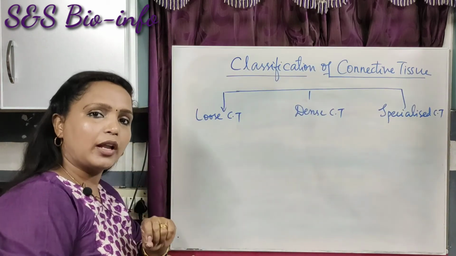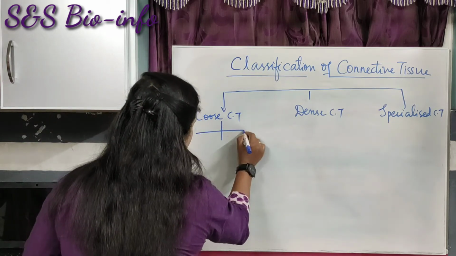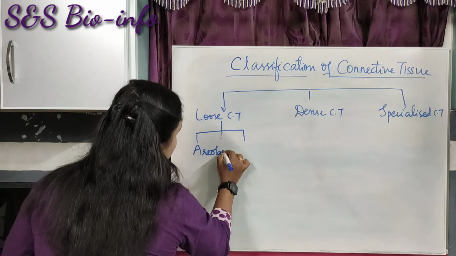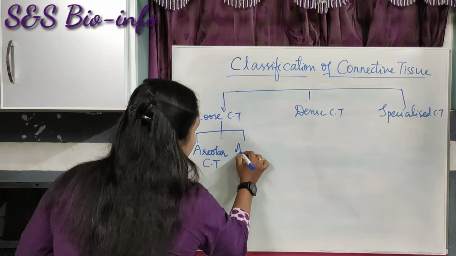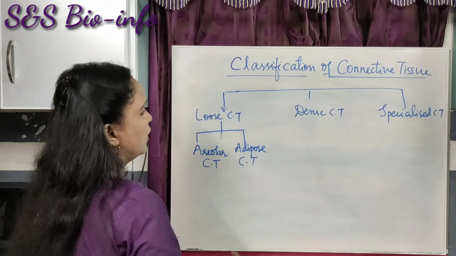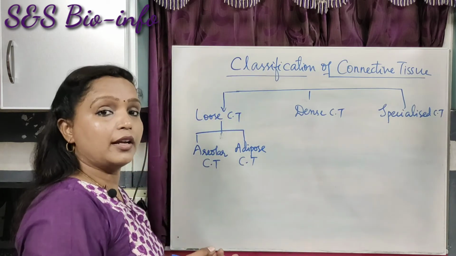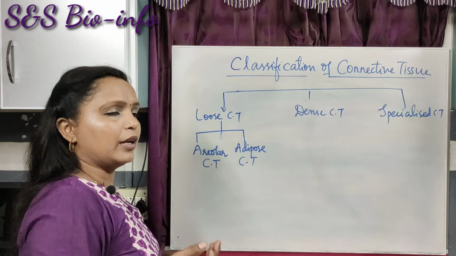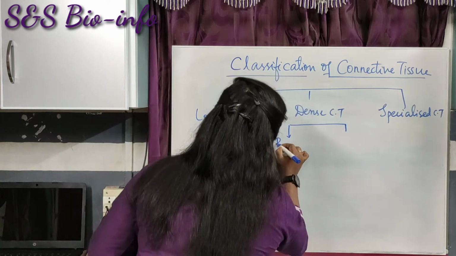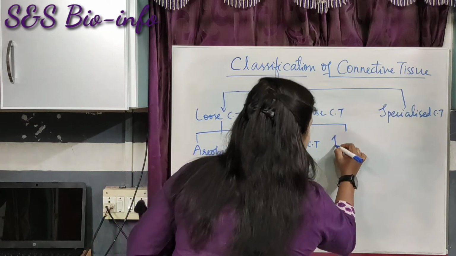The loose connective tissue is of two types. Those are areolar tissue and adipose tissue. The dense connective tissue is of two types. Those are regular dense connective tissue and irregular dense connective tissue.